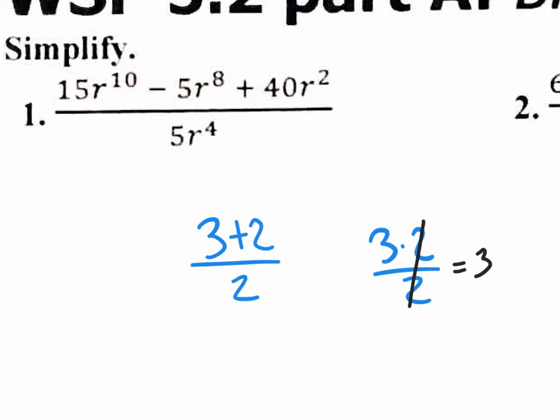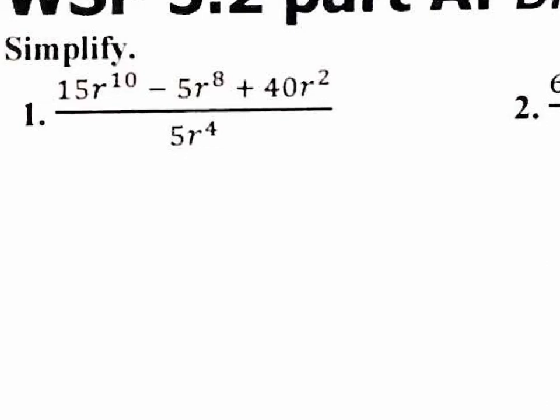So what I'm getting at here is I could factor out the GCF from the numerator, which would be the coefficient 5 and also the maximum r squared.